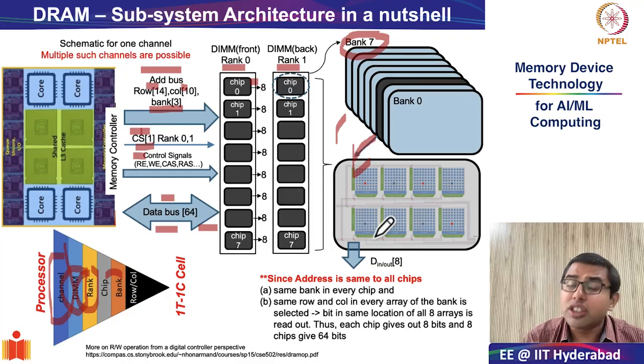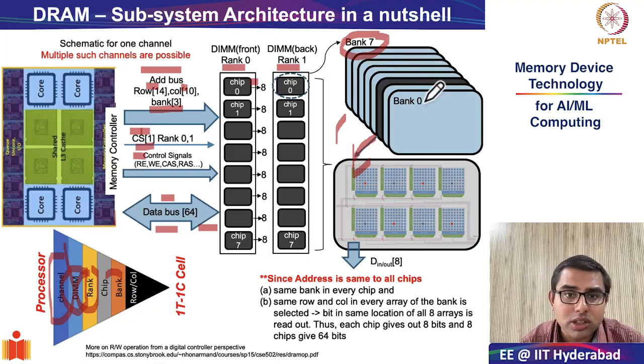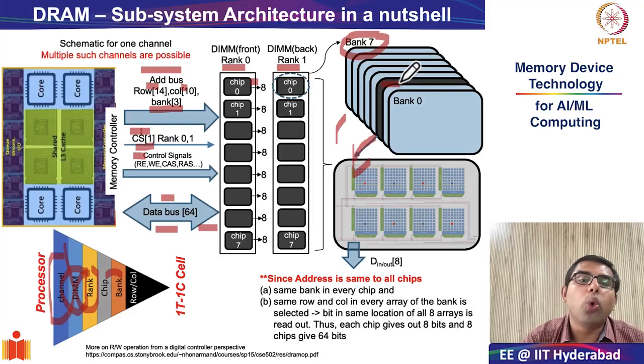So it is very important to note that since the address bus goes uniformly to all the chips, the same bank in every chip is getting selected. Chip 0, chip 1, all across chip 7. In this case, it happens to be bank 2, so bank 2 in all the chips is getting selected.